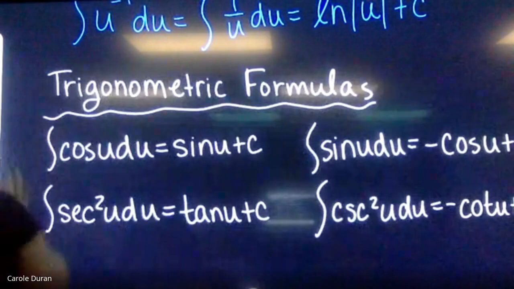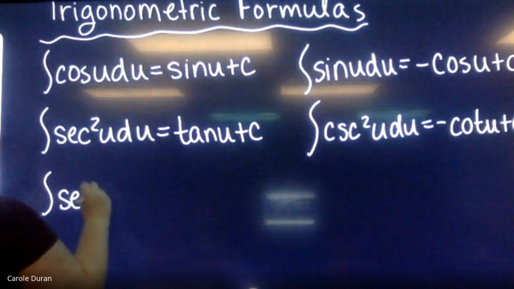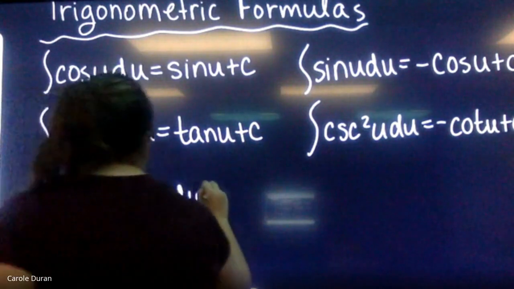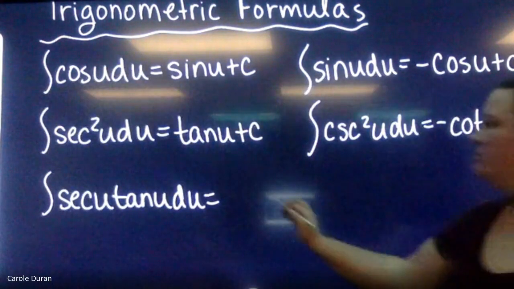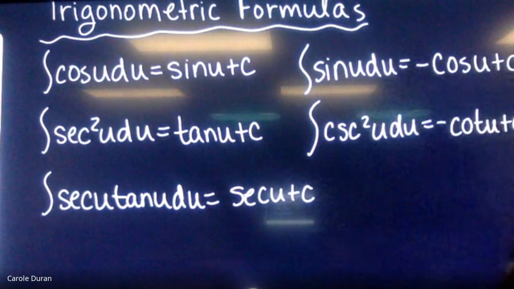We have some more. So what if my derivative function is secant u tangent u? What is its antiderivative? Secant, because the derivative of secant x is secant x tangent x.